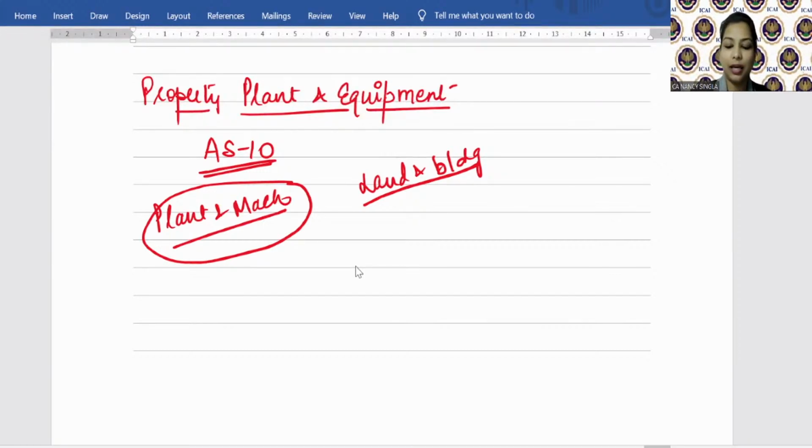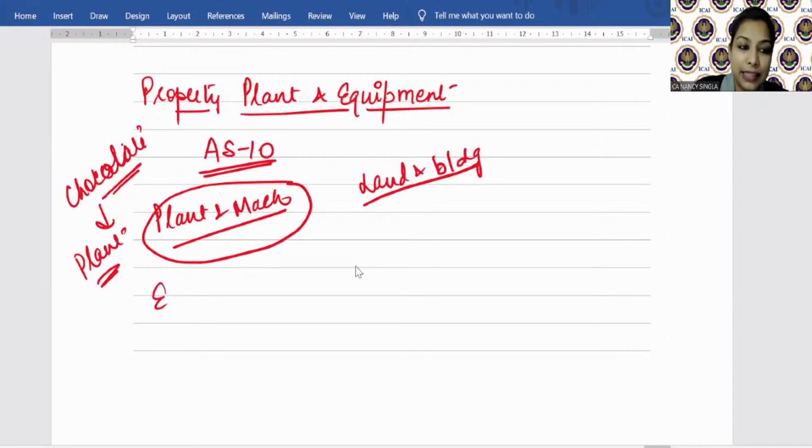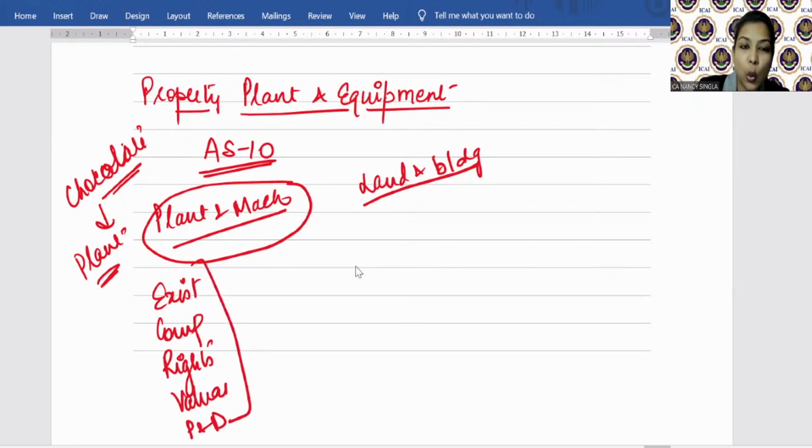Let's say you have a chocolate manufacturing company, and it has certain plant where chocolates are manufactured. What all comes to your mind? How will you verify that this plant and machinery exists, is complete, rights are there, valuation is proper, presentation and disclosure are proper, like all these assertions.